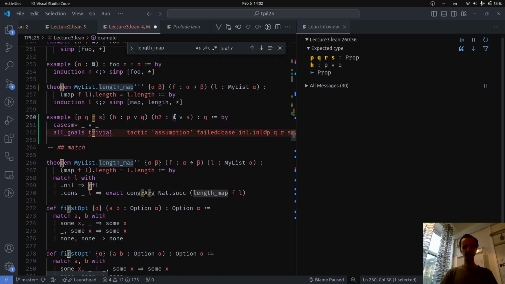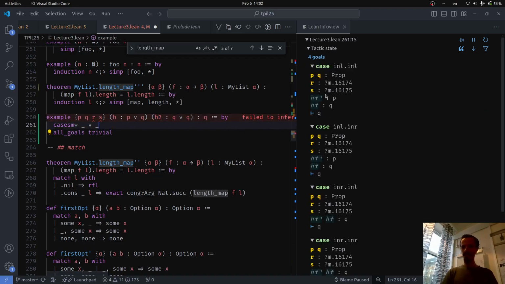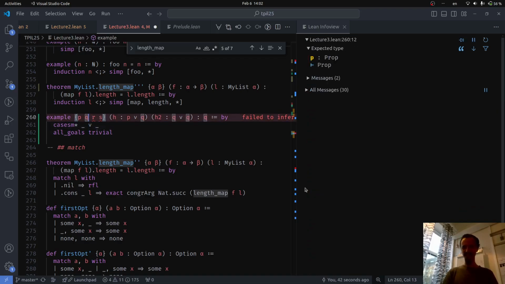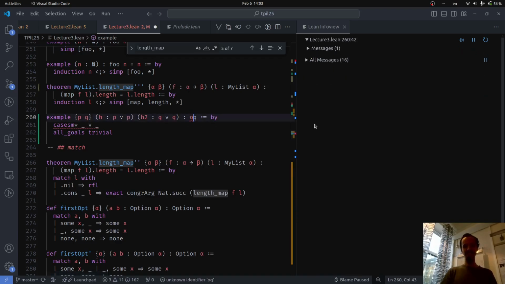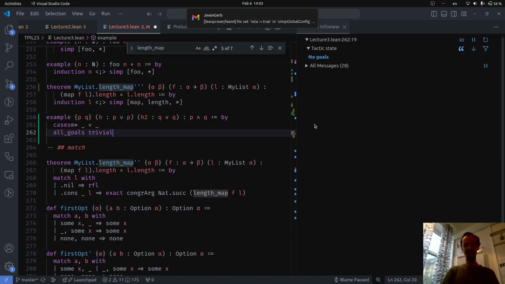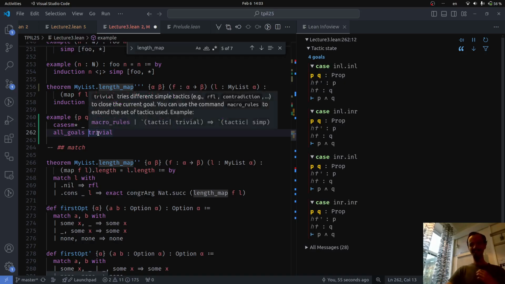Have both cases be Q in H2, and P in H. I meant H should be P or P, H2 should be Q or Q, and then the goal is P and Q. Oh, I see. Oh right, and now we also need the constructor. No, actually, trivial seems to be smarter than I thought. Right.